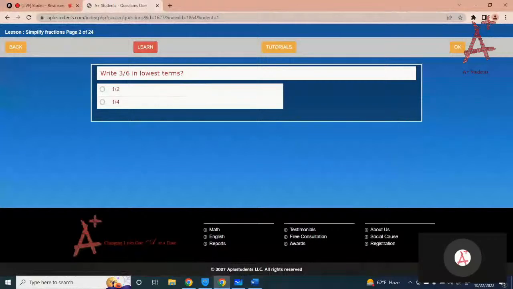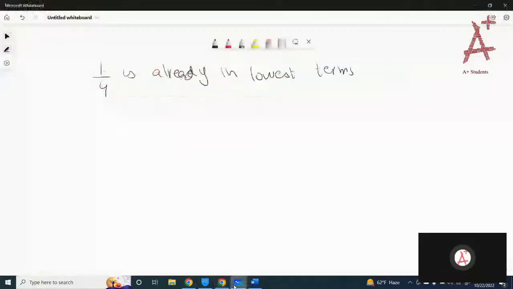Okay, the next one is write 3 by 6 in lowest terms. So find the greatest number that can divide both numerator and denominator. Which number is it? The largest number that can divide both is 3.